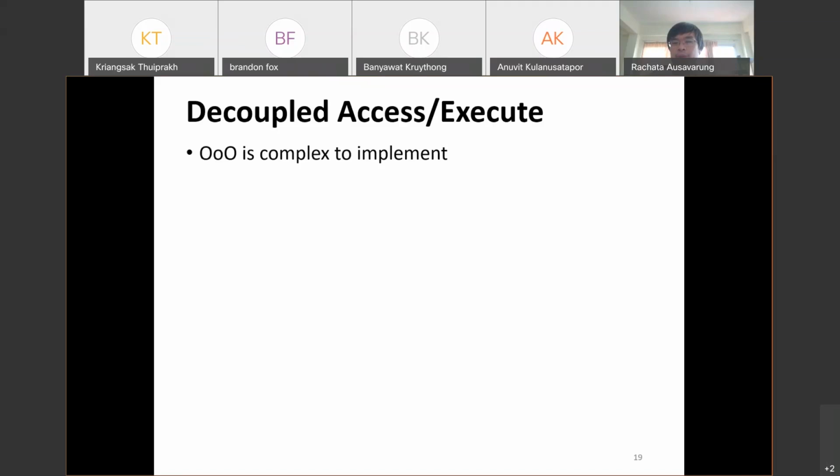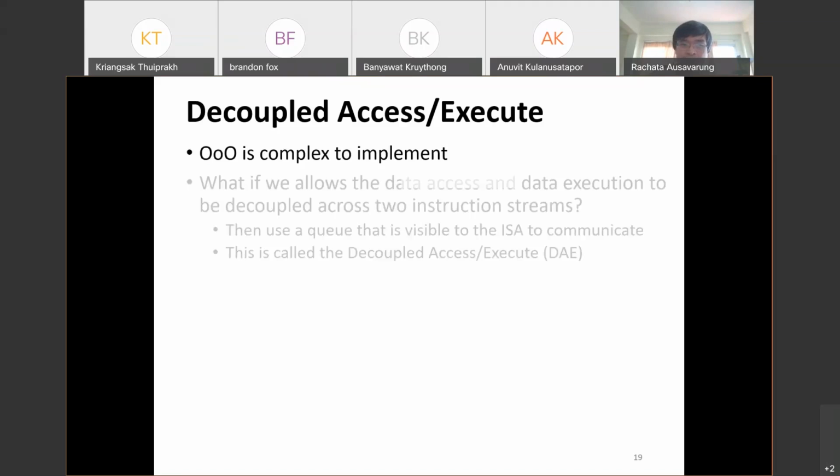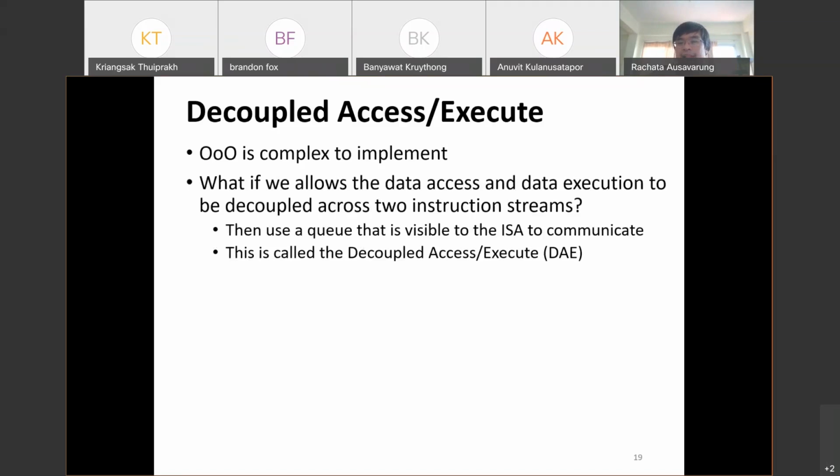So as I said, out of order is too complex to implement back in the day. This is like the 70s. What if we allow data access and data execution to be done across two instruction streams? So you write a program on the ISA, and the ISA basically allows one processor to just say, I want this data, and another processor to say, okay, now that we have the data, these are the add, multiply, subtract that I need to do.